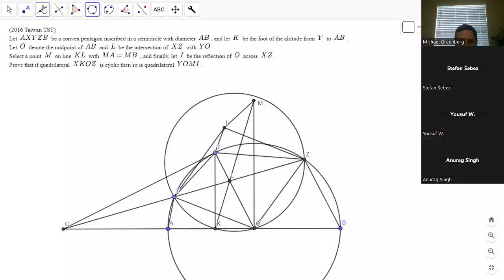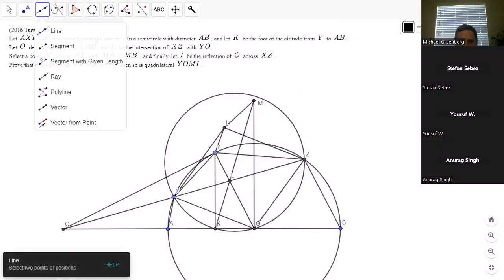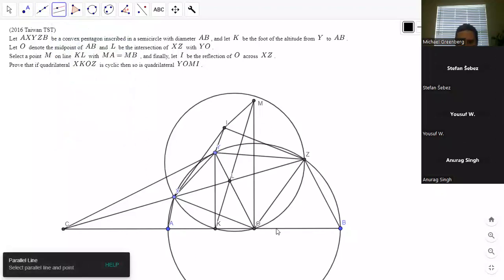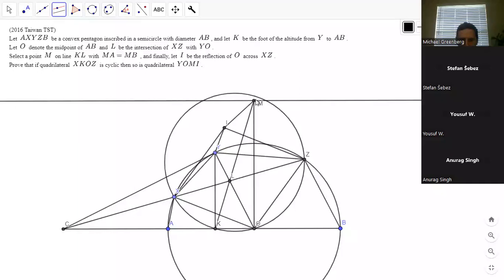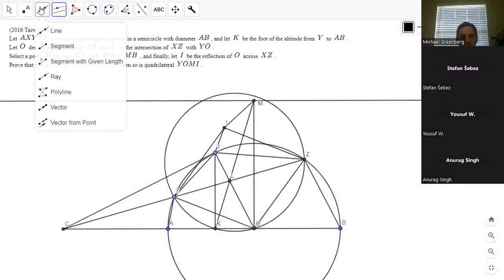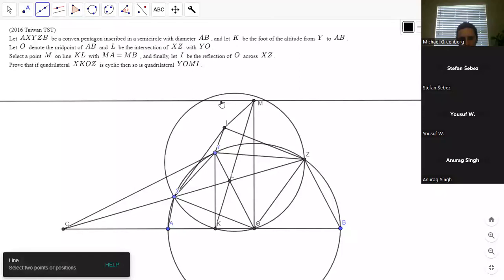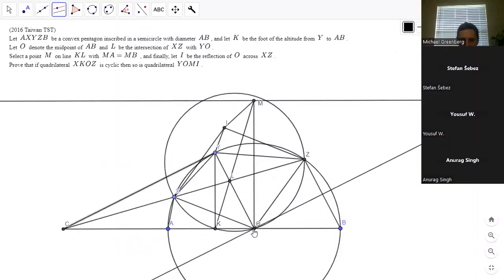No. Such that it's parallel to OB through L. So JM is parallel to OB, and at the same time JO is parallel to YC. Yeah, so we'll have homothetic triangles.